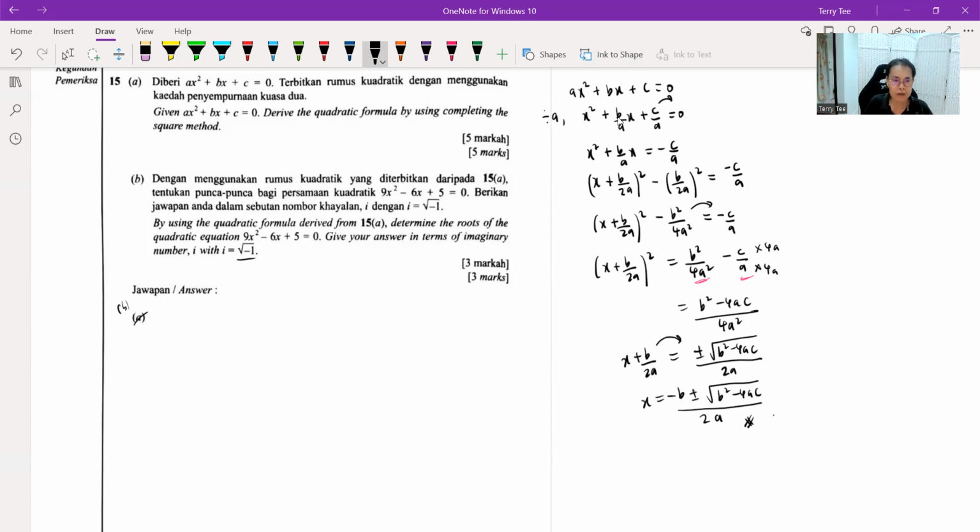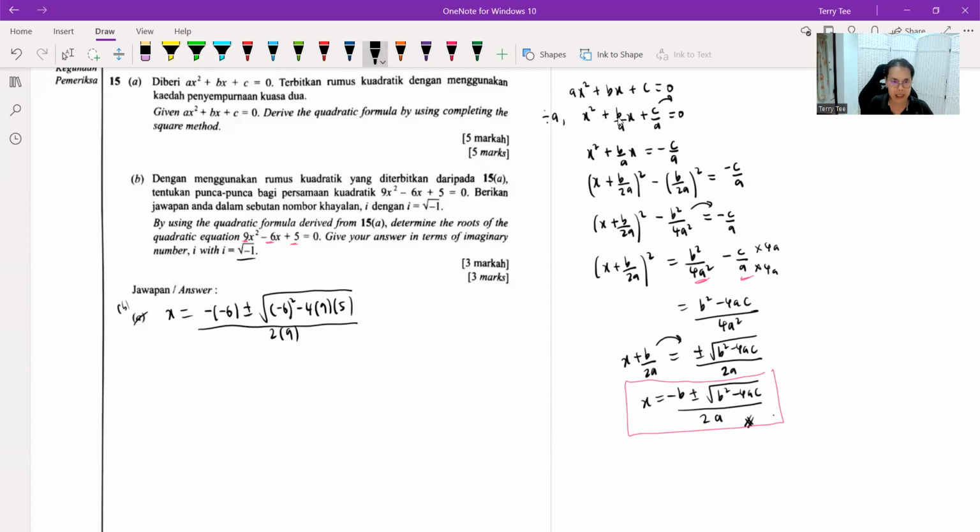Okay, so I already know my b. Guys, use your formula over here. We will have this formula. I know my a is 9, my b is negative 6, my c is 5. So use the formula minus b plus minus square root of b squared minus 4ac over 2a.